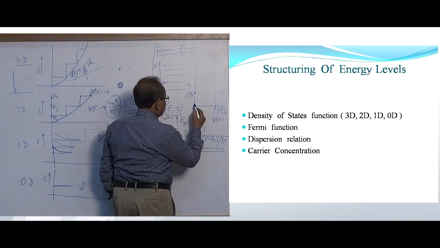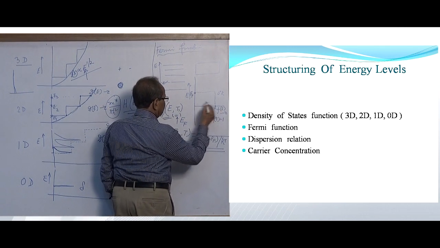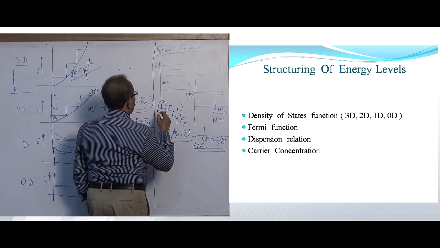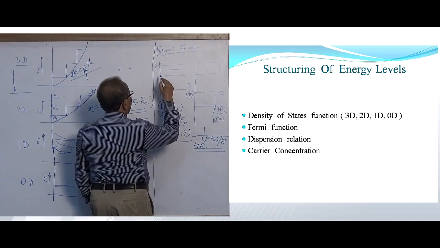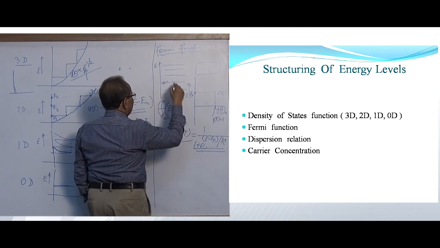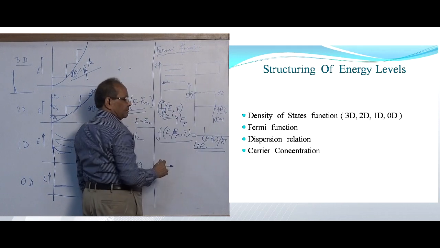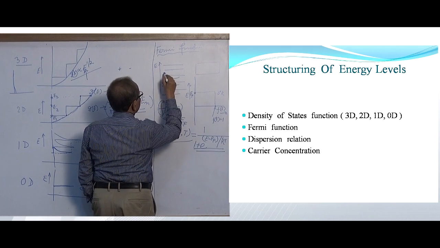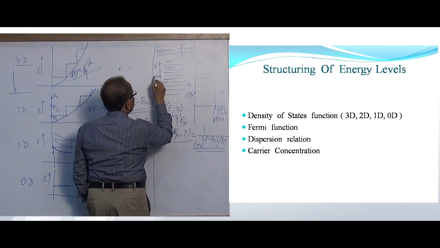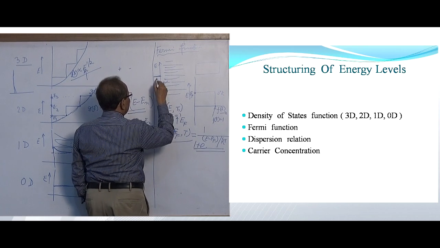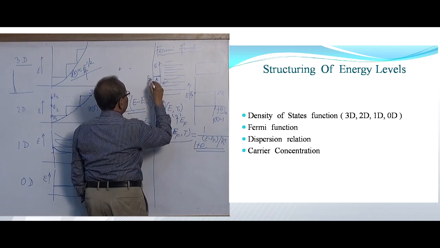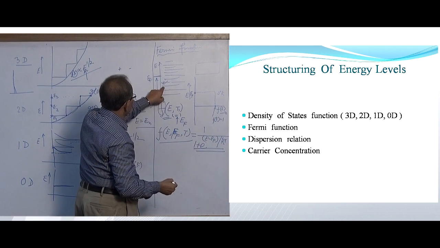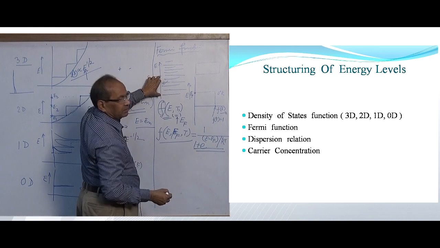So for this E, yes, Fe is 1. For this E, Fe is 1. That means that if you take 0 degree Kelvin this specimen, then suppose there are so many levels, up to this level, say this is EF, I give the name, the highest level up to which they must be engaged with electrons.